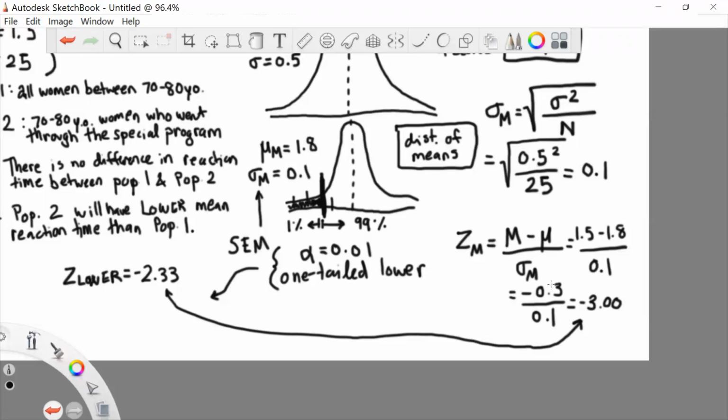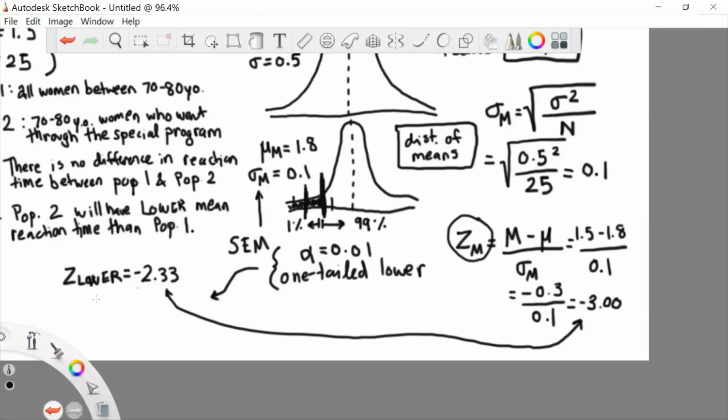So for the comparison we just did, you can either just eyeball the numbers and see that the z-score of the sample mean is lower than the critical z-score, or you can actually draw the diagram like we see here, find the sample mean on the diagram, and see that it is in this region of rejection.